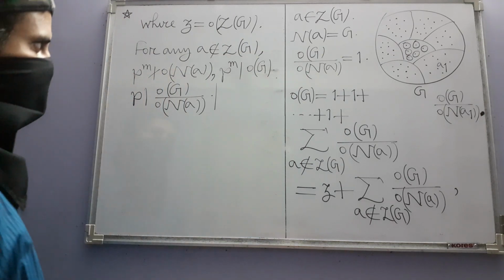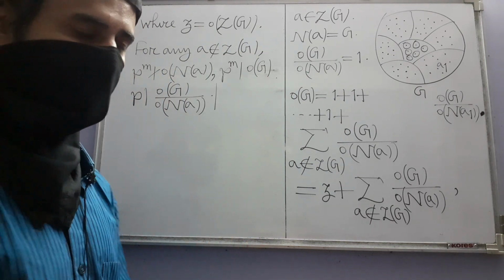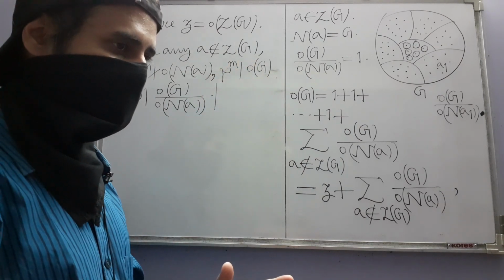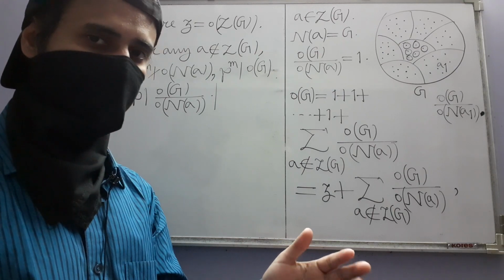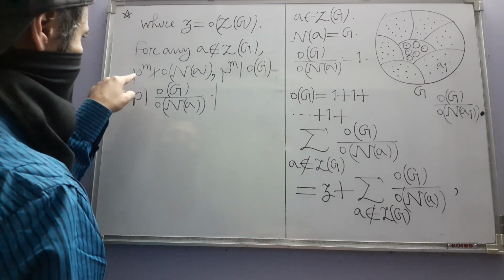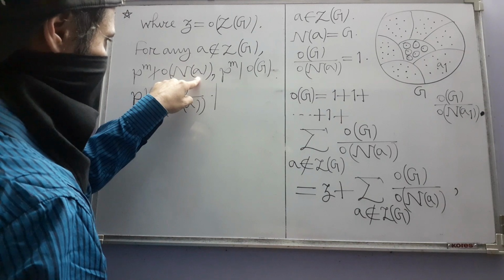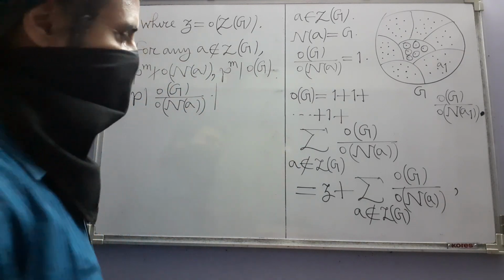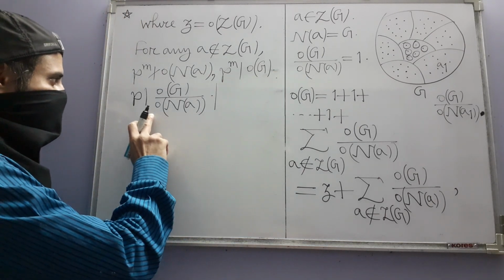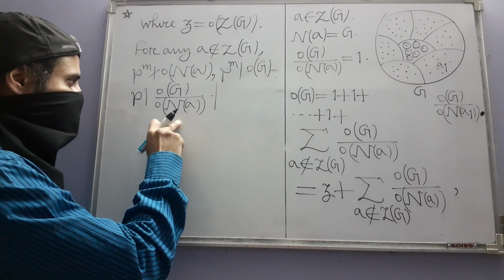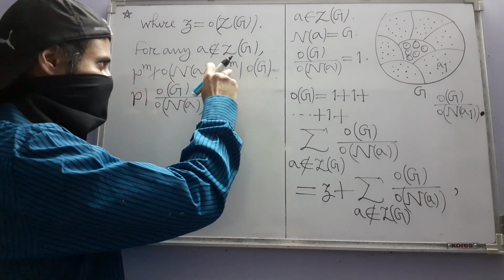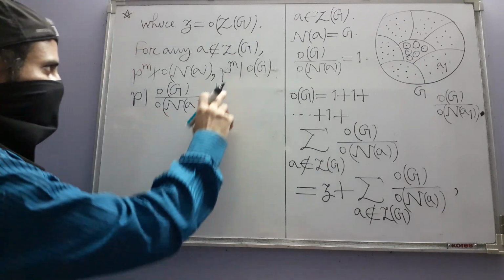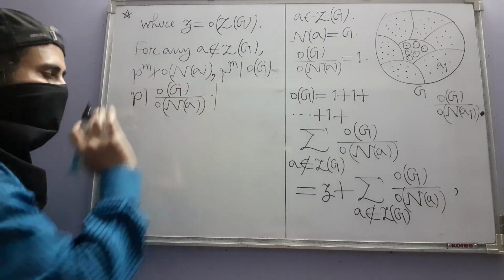But this has happened. If we casually think about this, it's like this. p to the power m dividing the order of g means the order of g is p to the power m times some integer. But this does not divide the order of na. Maybe some lower power divides the order of na, we don't know. So the denominator is never able to fully exhaust the p part of the numerator, so some p still stays.